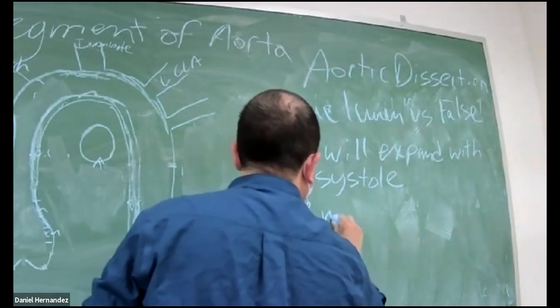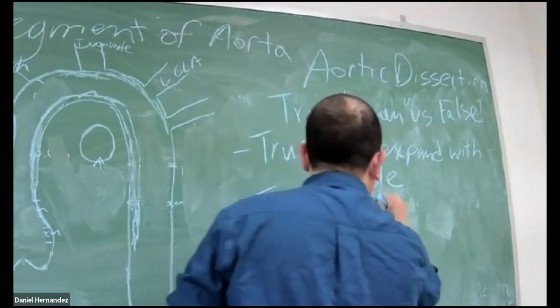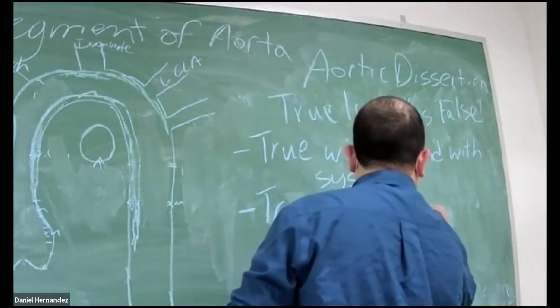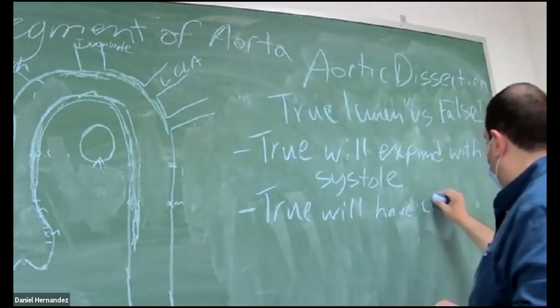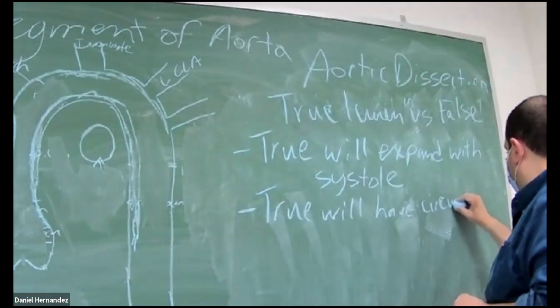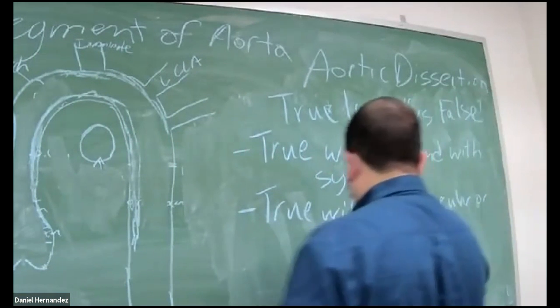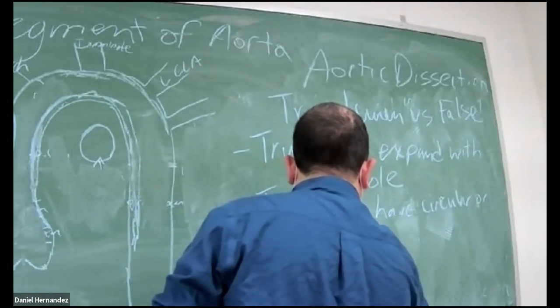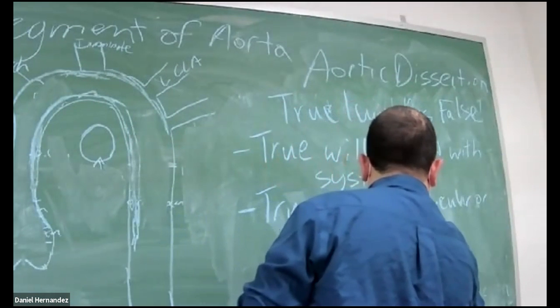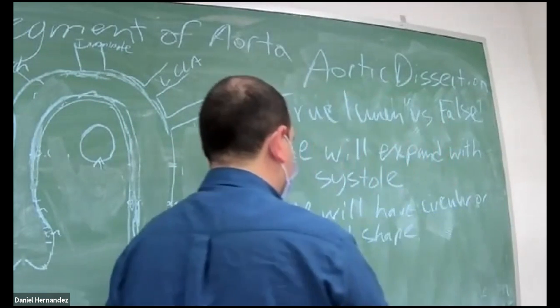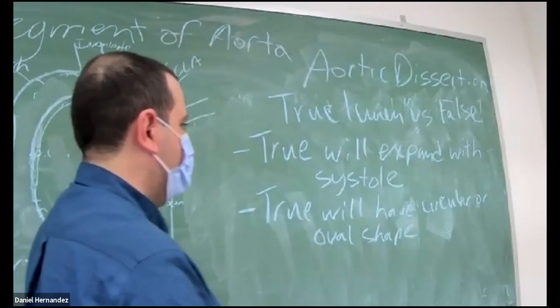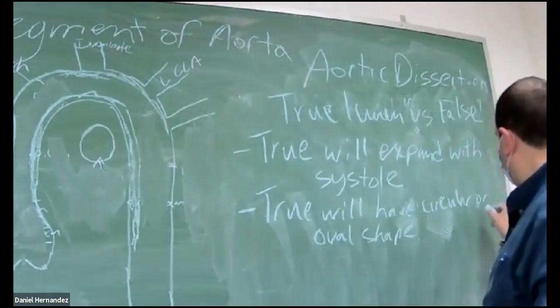True lumen will have a circular or oval shape.